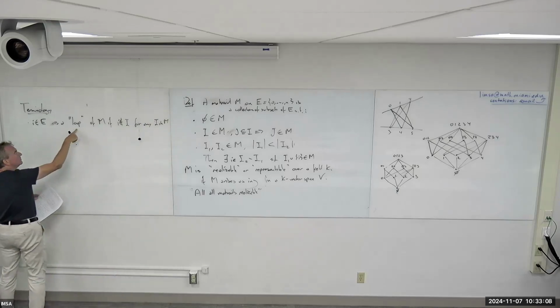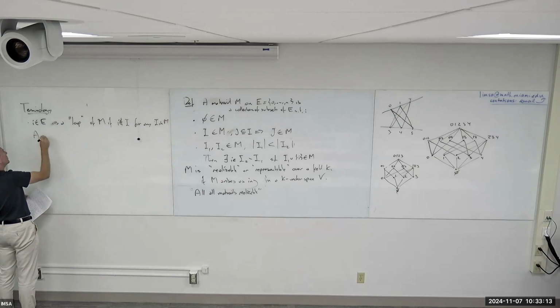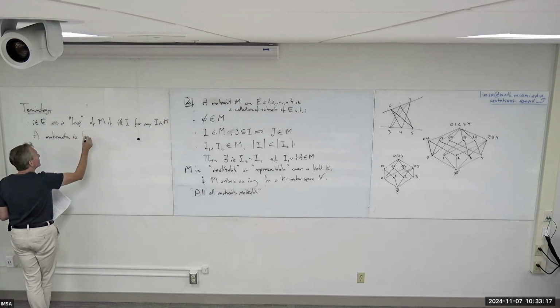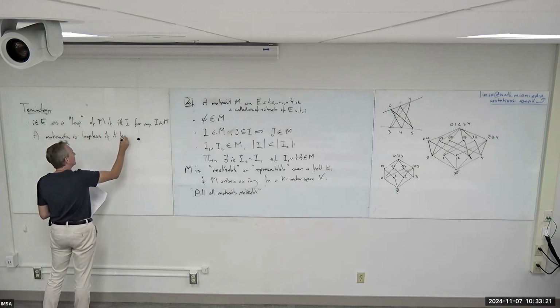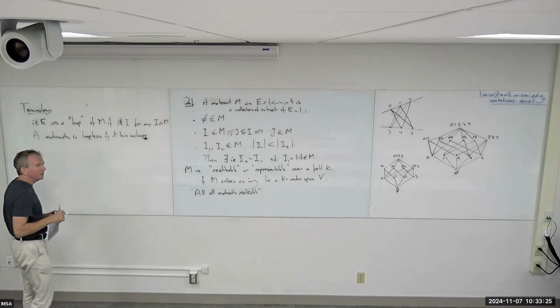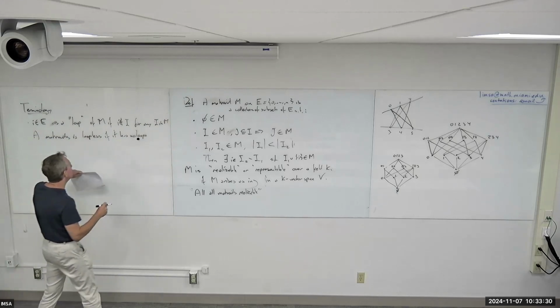That's one time I need to use this word. The second time is here: a matroid is loopless if you don't have such things. I lied. I need a third time. All matroids will be loopless. Forget about this if you want.